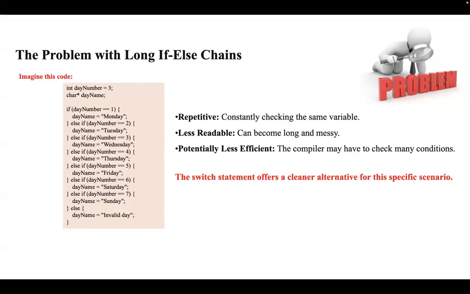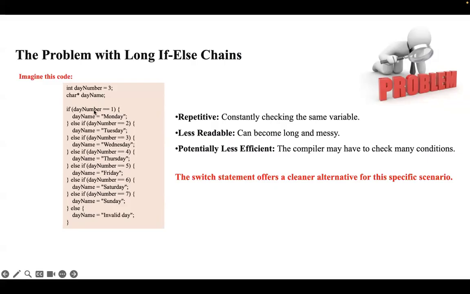Because of that, we introduce something called the switch case statement. These are the issues with if else chains. Constantly checking the same variable can become long and messy, and the compiler may have to check everything again and again. So this is very long. You have to write a number of lines, and your computer also has to go through each and everything again and again.